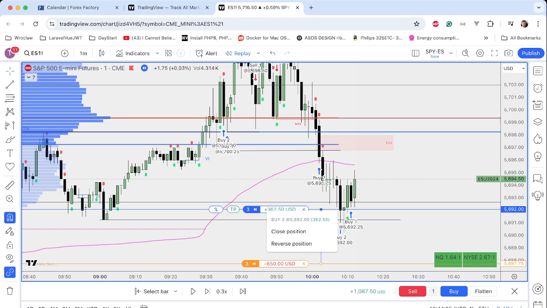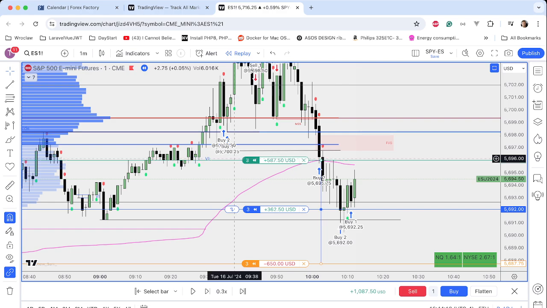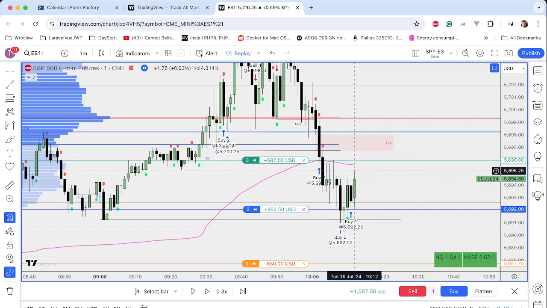False position, reverse position. Technically speaking, they will be pushing into the 15-minute candle. Because this is 12, so where's 10 o'clock? 10 o'clock is here.